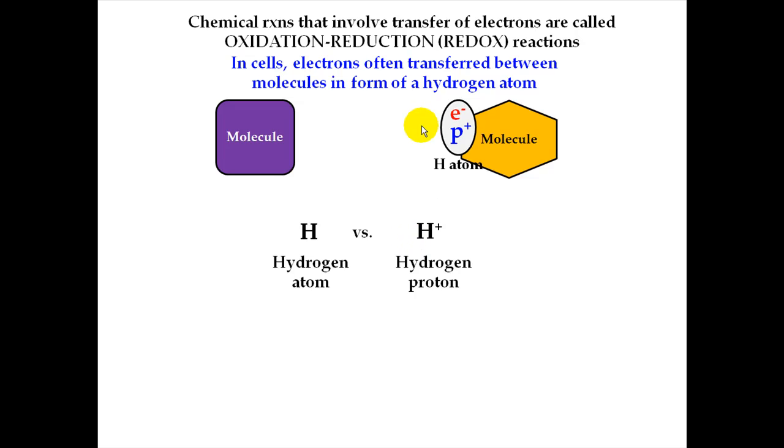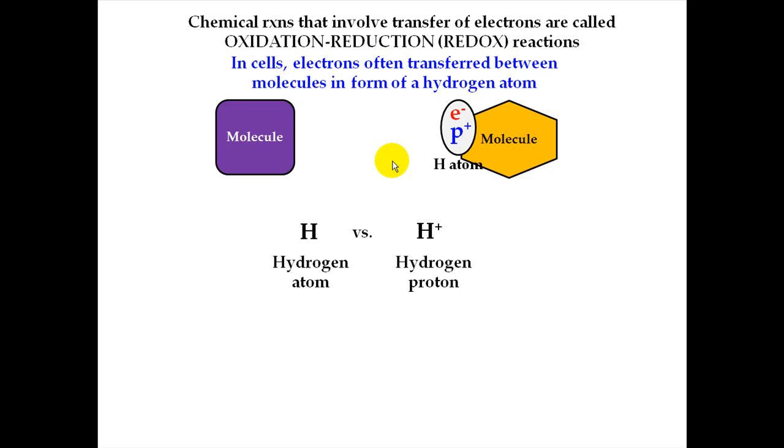All right, so again, an oxidation-reduction reaction is a reaction that involves a transfer of electrons from one thing to another. We're talking about oxidation-reduction reactions here because it's the movement of electrons that's responsible for making ATP inside of a cell.